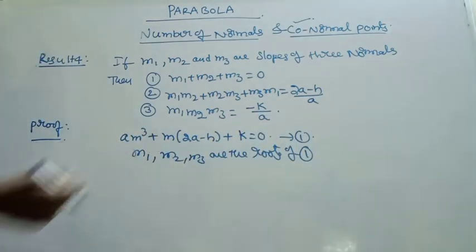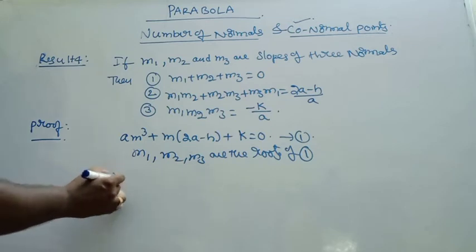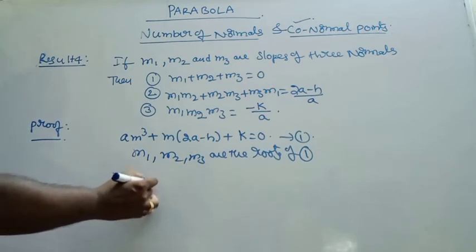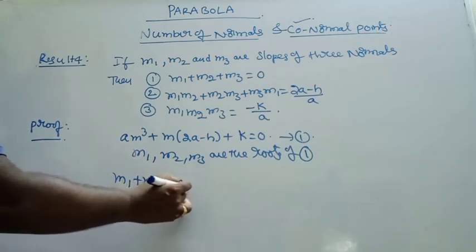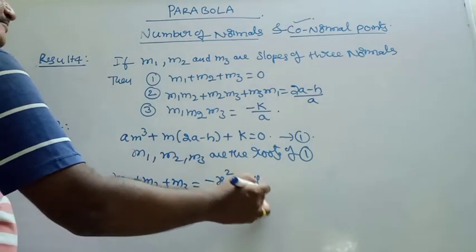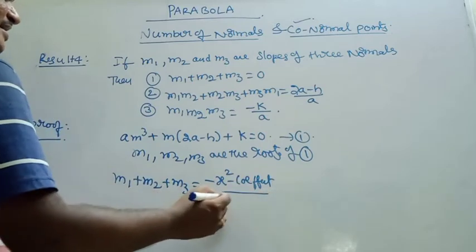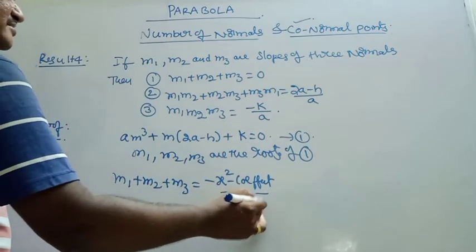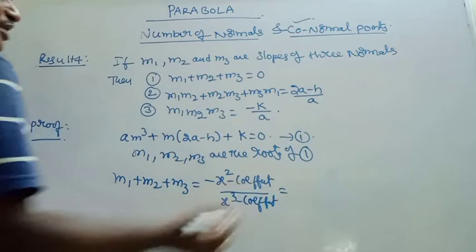If m1, m2, m3 are the roots of equation number 1, right, my dear students, then the sum of the roots, you know, m1 plus m2 plus m3 is nothing but minus x square coefficient divided by x cube coefficient. This is the formula, right?